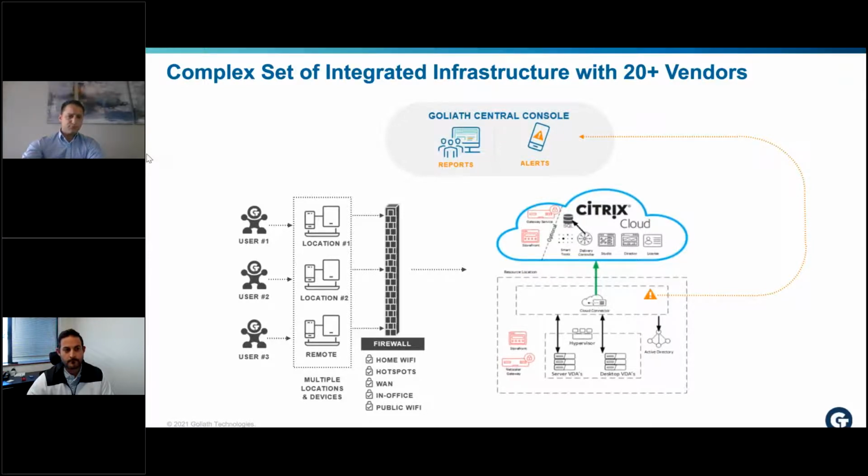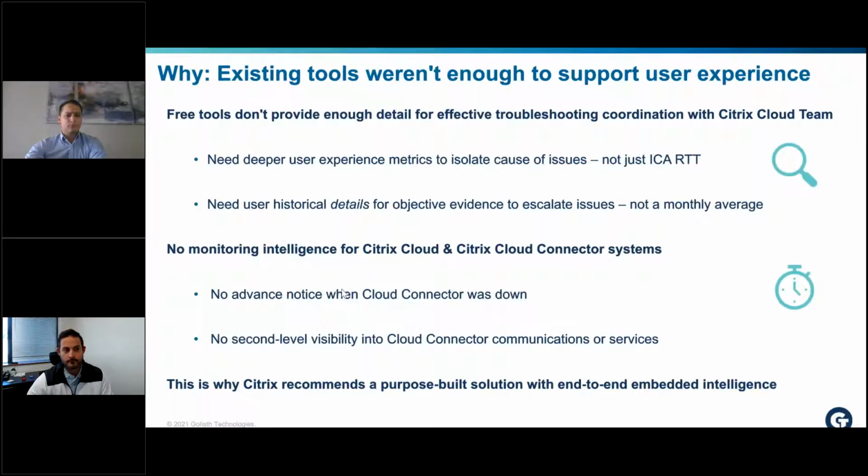And so the next question is, why exactly is that the case? The simple reality is that when you have a number of moving parts in a hybrid deployment model, the free tools like Director are good at giving you some initial information, but not enough detail to allow you to effectively coordinate, many times, with the Citrix Cloud team, who is of course managing their piece of the control layer as part of the environment.